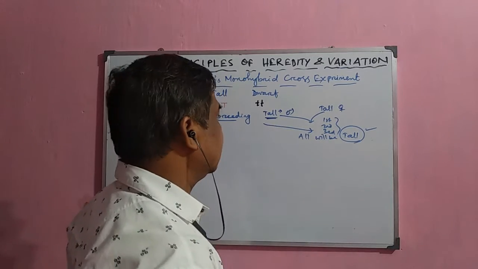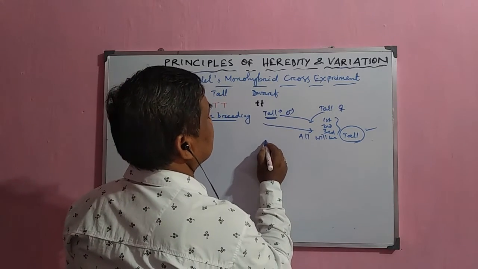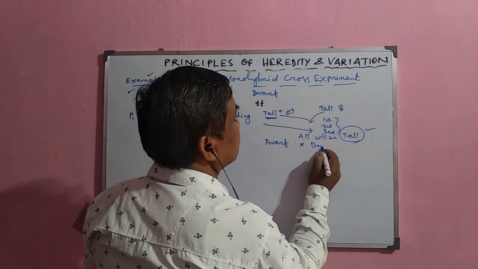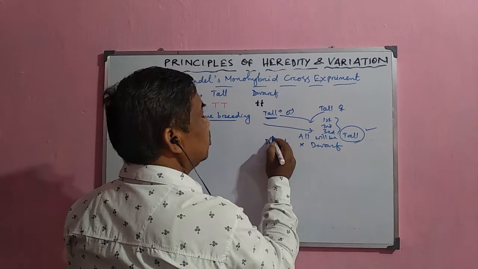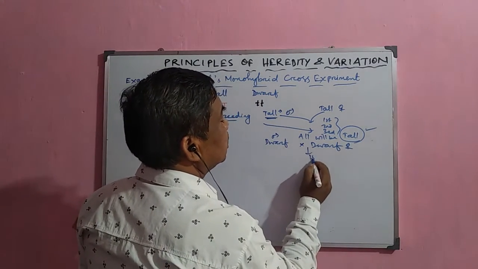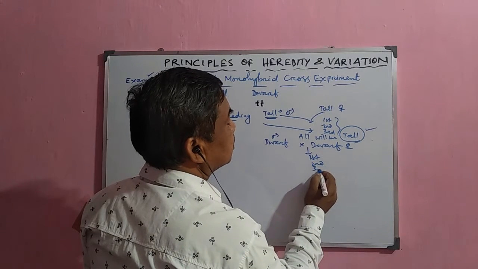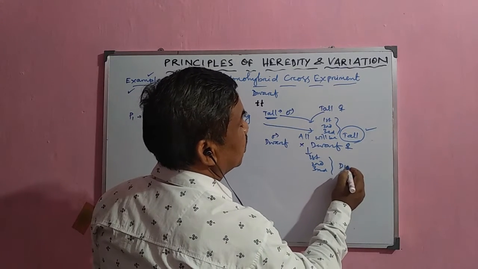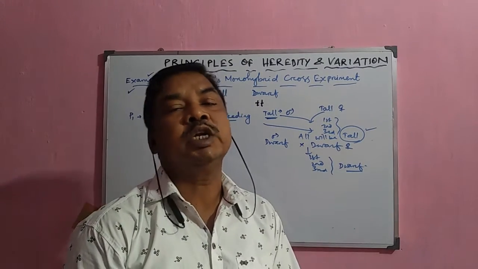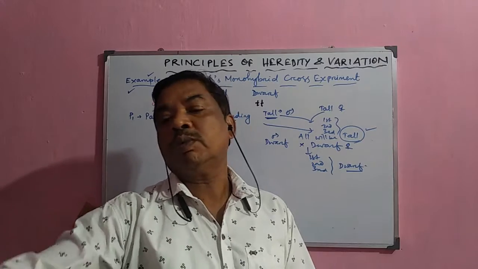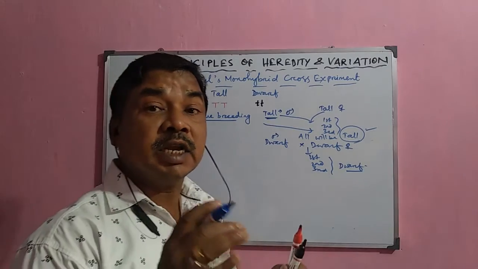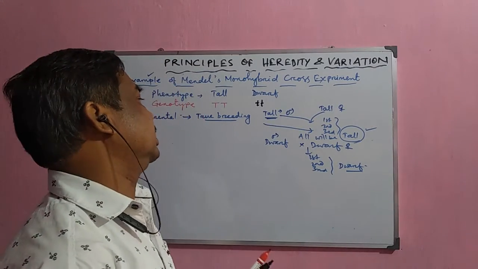He also did it for a dwarf plant and another dwarf, taking the pollen grain from one and the egg cell from the other, for the first, second and third generation. Then whatever dwarf plants he found were considered true breeding plants, and he took them as the parental generation.